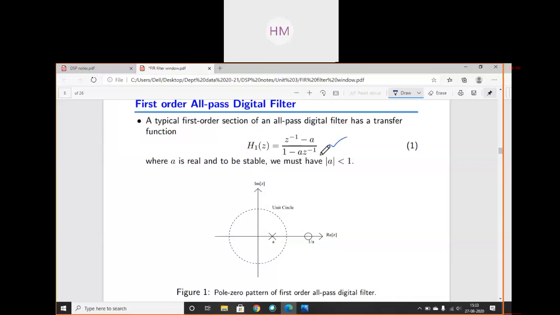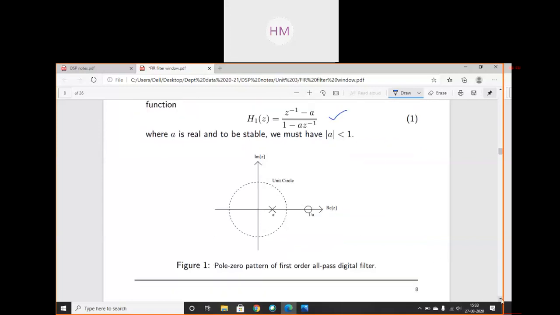Pole is at point A, Z is equal to A, and zero lies at Z is equal to 1 by A, so it is marked. Both poles and zero are marked in Z plane, real and imaginary planes. The pole zero pattern of first order all pass digital filter.